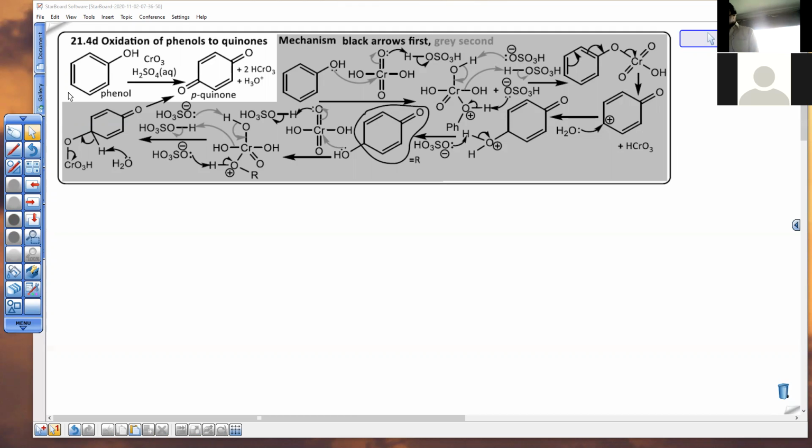You first start by protonating the chromic acid to activate it towards the attack by the weak nucleophile alcohol. And then you generate this oxonium, which needs neutralizing. And then you strip water off of this to make a chromate ester.